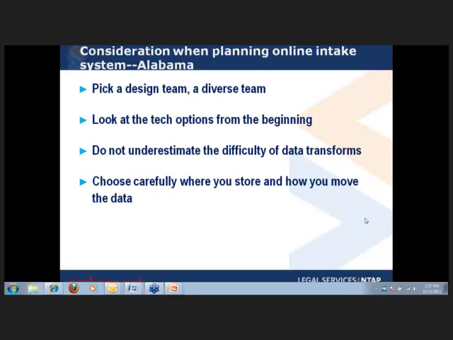And now when a client hits the submit button, the online intake team gets an email with the actual filled out PDF, and at the same time, all of that data that's captured by that form is dropped into the online intake database.